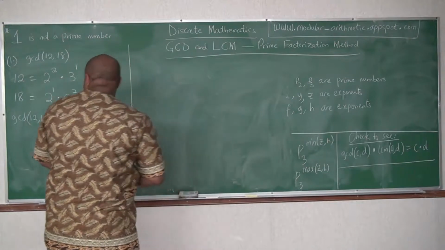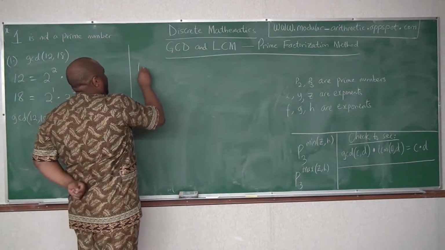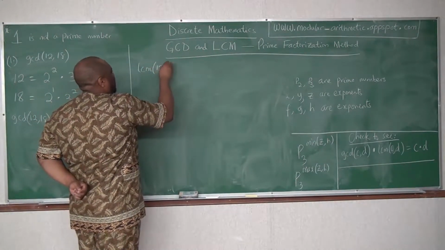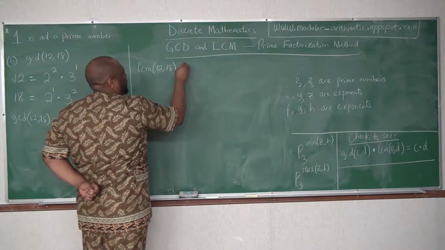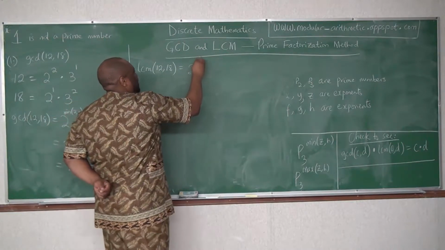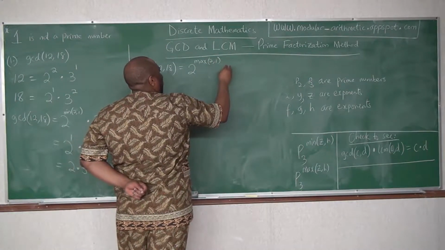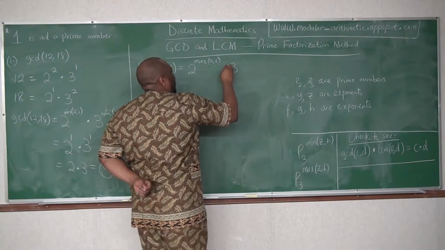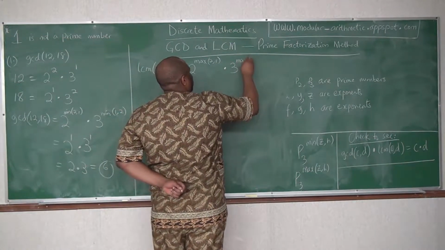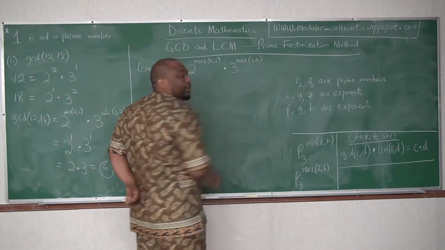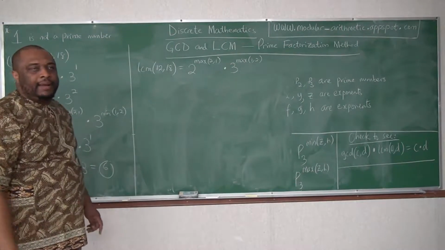So, we can now find that the LCM of 12 and 18 will give us 2 raised to the maximum of 2 and 1, times 3 raised to the maximum of 1 and 2. Right? See that?